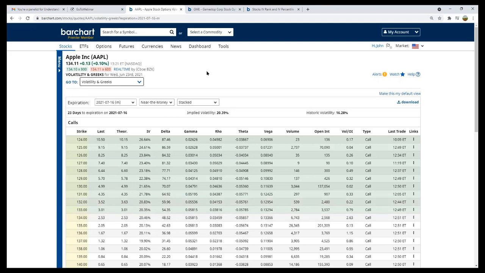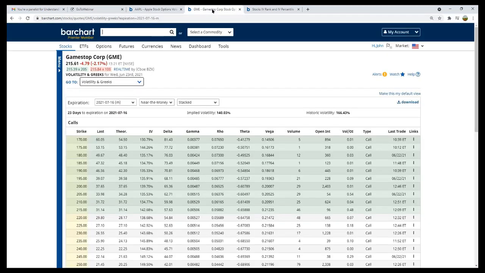But let's go to a stock whose implied volatility is much more extreme. GameStop is definitely one of those that has been in the news lately. And again, I want to make sure I can do apples to apples in terms of expiration dates. So we're looking at the July monthlies, and our implied volatility here is 140. And our current price is around 215.